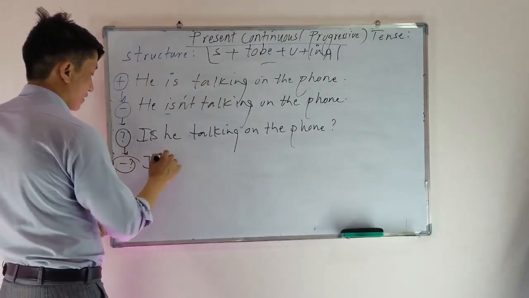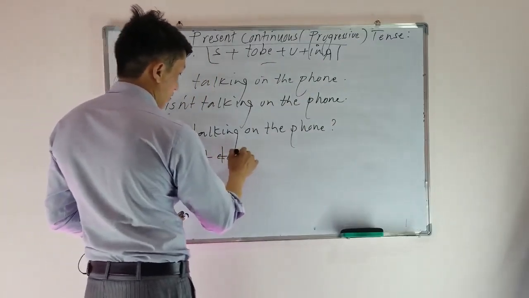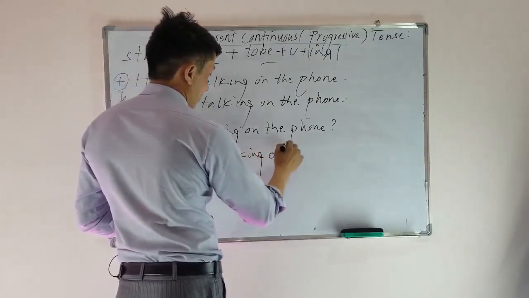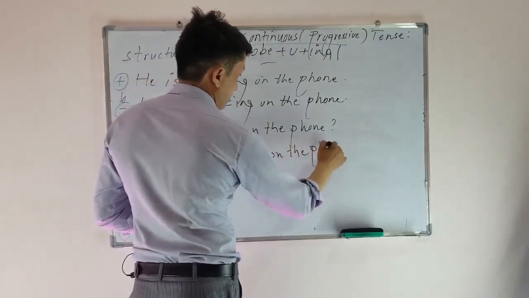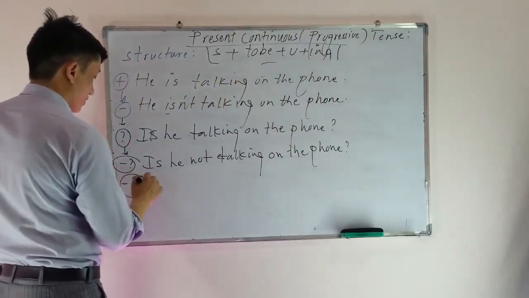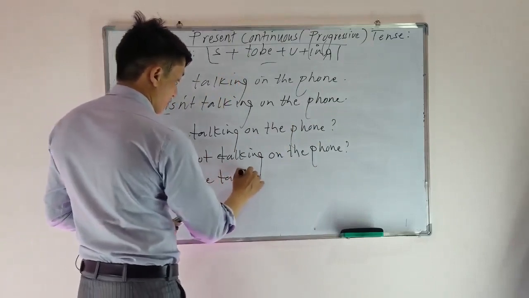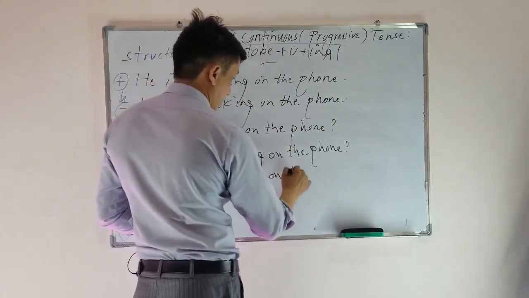So we just have to say, is he not talking on the phone? And the other one, negative interrogative again, we can say, is not he talking on the phone?